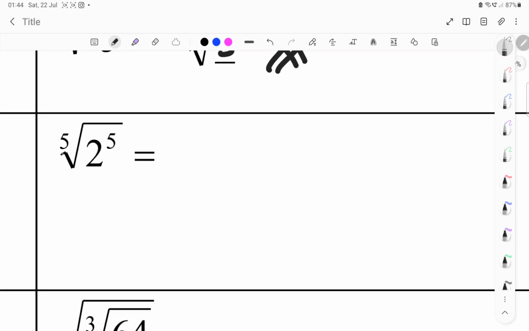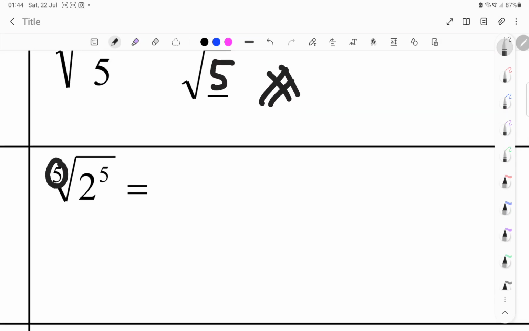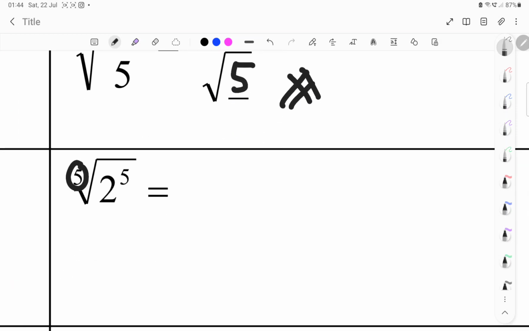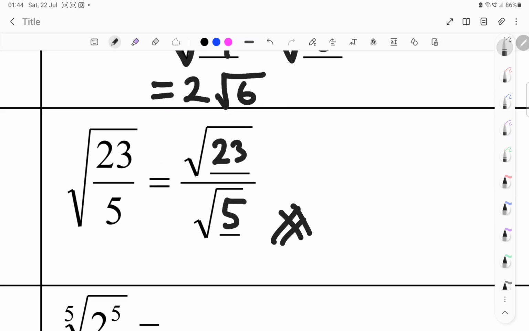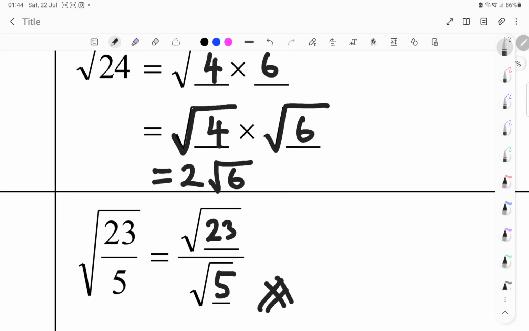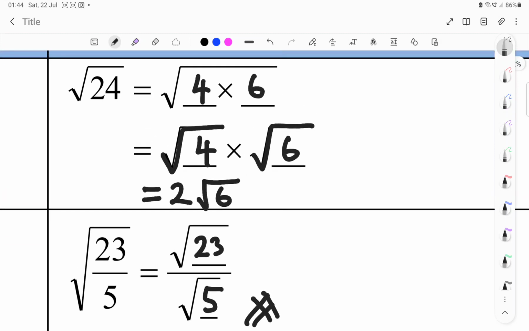Okay, next. Now what is this? This is the fifth root of 2 power of 5. As you can see here, this fifth root has a small number 5 written in front of it. Unlike the rest of the surds, there's no number. So what does it mean? If it's not written, it means it's a square root.